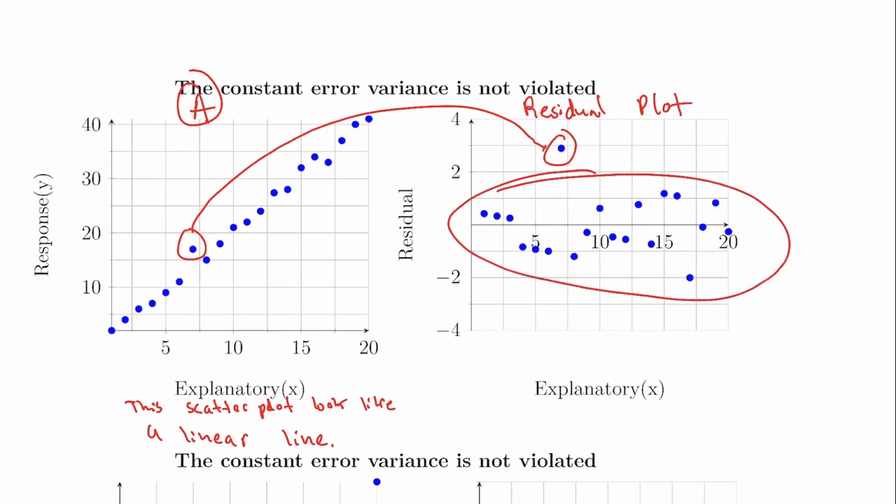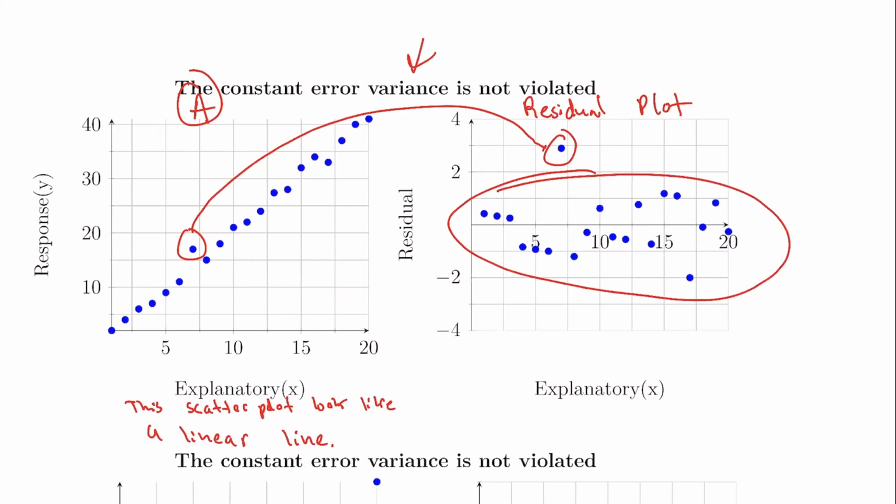Since all of these points are pretty close to zero, for this one we'll say constant error variance is not violated, because the residual plot is showing that all of the variance is the same. The distance from the residual line, which is zero, to each and every point is pretty much the same for all of the points. So for this one, the constant error variance is not violated. All right. Everybody got that second example.